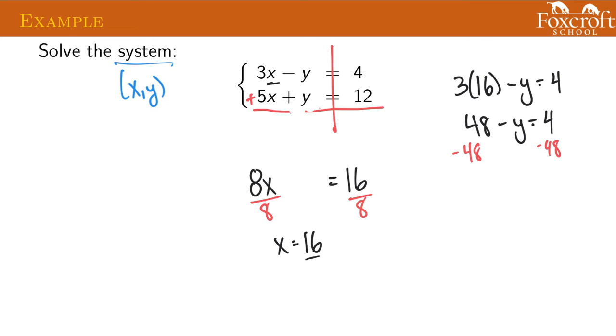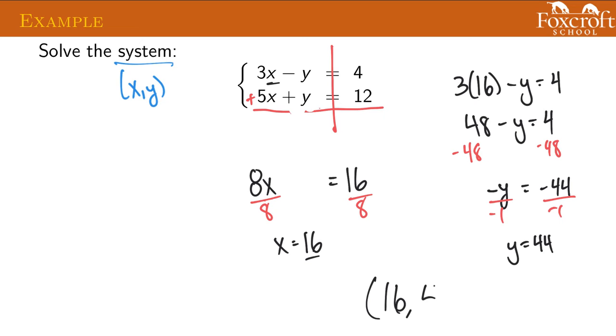Don't forget this negative y is still going to be there. I only got rid of the 48, not that minus sign. 4 minus 48 is negative 44. Then I need to get rid of that negative by dividing both sides by negative 1. So my final answer is that x has to be positive 16 and y has to be positive 44.